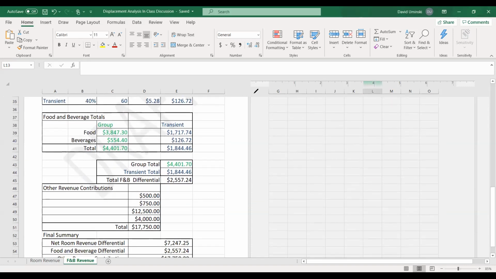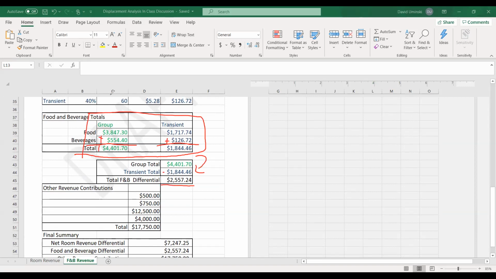The last thing we're going to do is where you transfer all of your information into here. We take our group food and our group beverages, and we add those things together. That's going to give us our total for food and beverage. Then our last step is when we subtract these items.